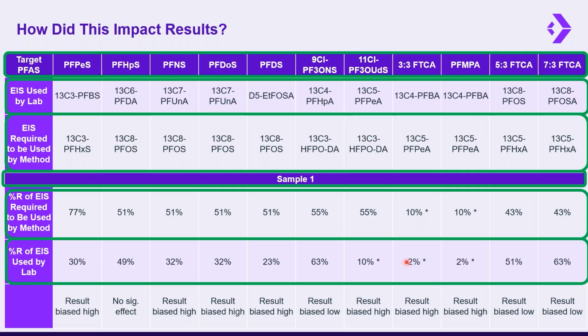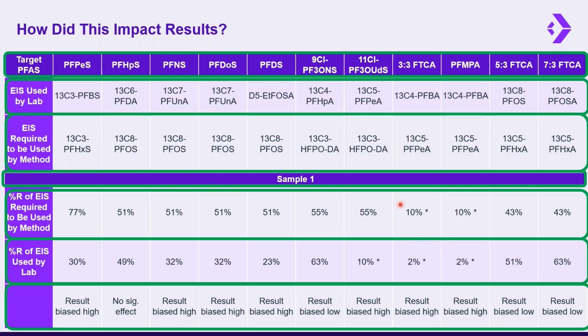So the lab stating that they did this due to interferences made absolutely no sense. The percent recoveries of these extracted internal standards would not be this good if there was any significant interference. And just remember again, isotope dilution corrects for these interferences. It's okay if there are interferences. That's the whole reasoning behind isotope dilution. But finally, the misapplication of isotope dilution and the use of the wrong carbon-labeled isotopes caused the final results for our samples to be biased.